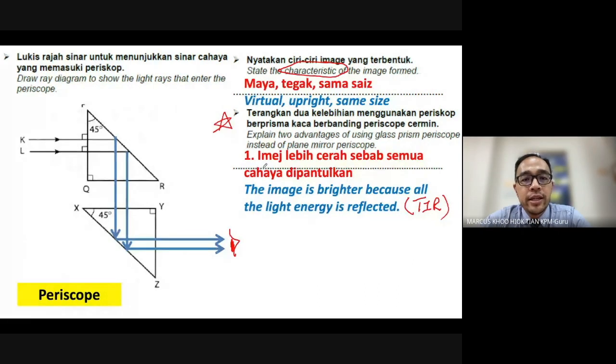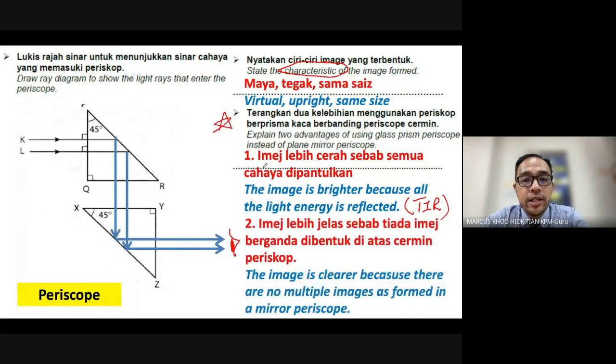And the second reason, two advantages, sorry. The second advantage is the image is clearer because all the light is reflected. So the image becomes clearer and you don't get double or triple images. In the mirror periscope, because it's so unpredictable, because of the kind of material it is, you get more than one image. And it's very confusing.